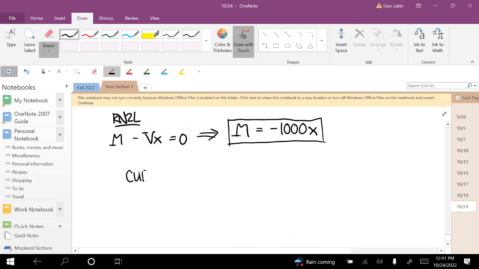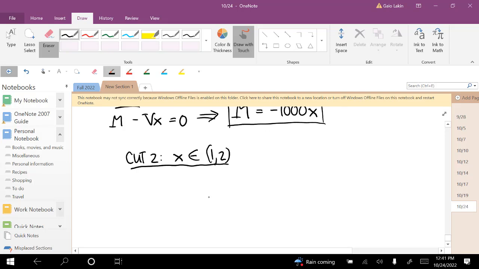And now we go to the second cut, where x values are between 1 and 2. And we always go all the way from the left up to our cut point on the right. So we still have the 500 and the 1,000 on the left. Now we also have the 2,000 up.